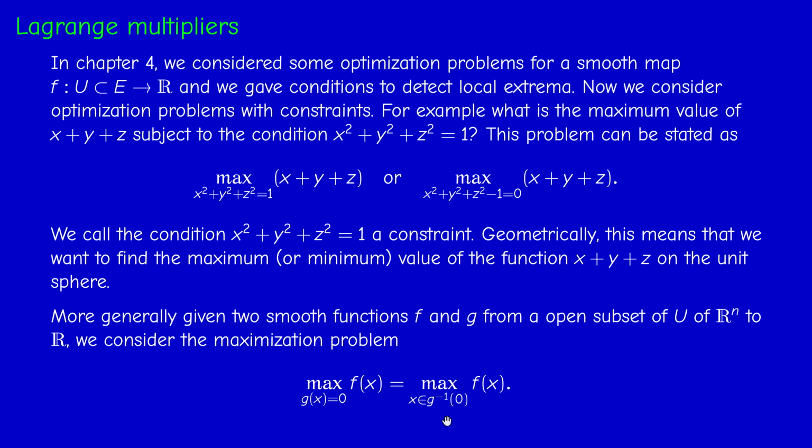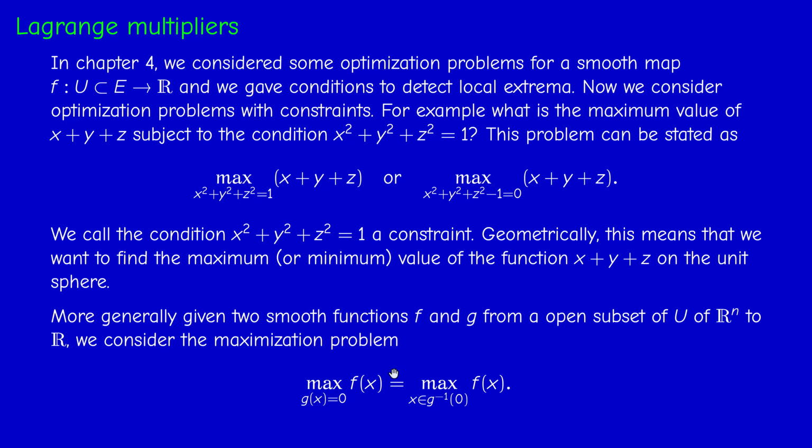So you can always think of g minus 1 of 0 as a surface. Instead of optimizing a function on an open set, we want to optimize it on a surface which is usually compact, because compactness ensures that the maximum and minimum exist.